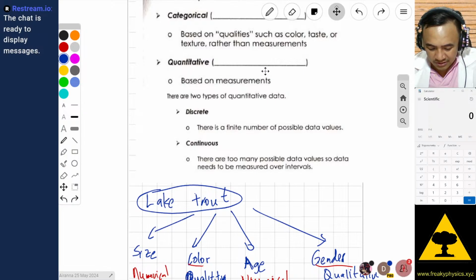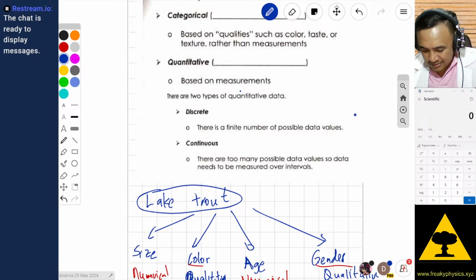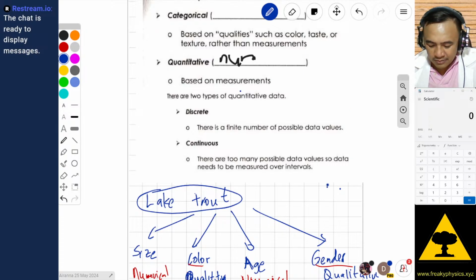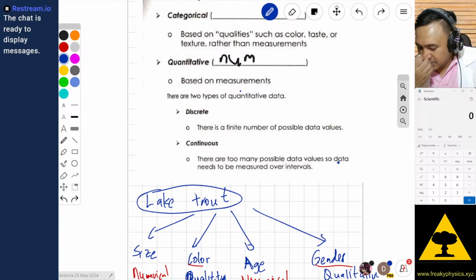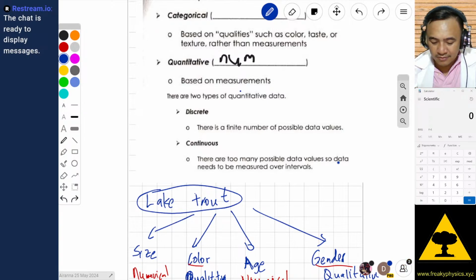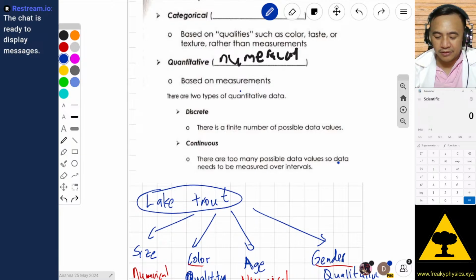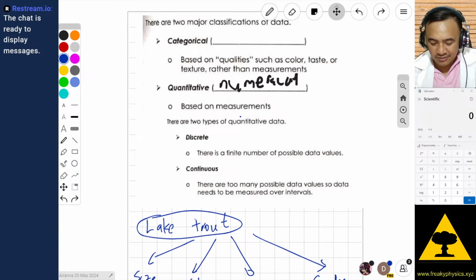Which one's numerical? Okay, correct. That would be the numerical. And then the other one, and this is qualitative. Yeah, that's qualitative.